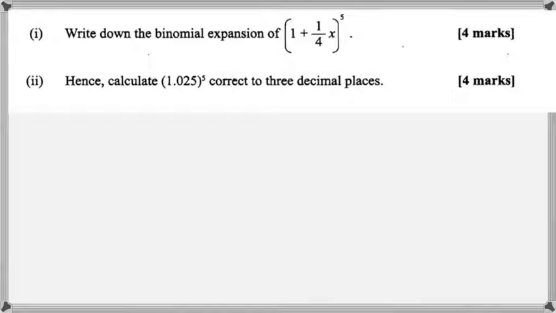So part 1 is asking us to write down the binomial expansion of 1 plus 1 over 4 x, all being raised to the power of 5. From the time I see this is being raised to the power of 5, that's a positive integer. So therefore I will use the binomial expansion for positive integers to expand this.